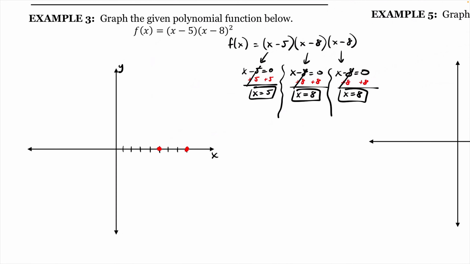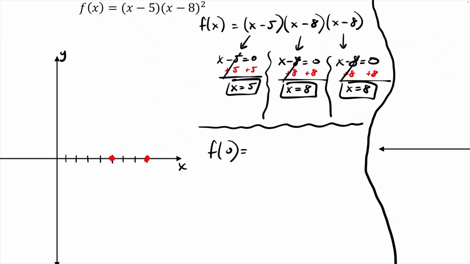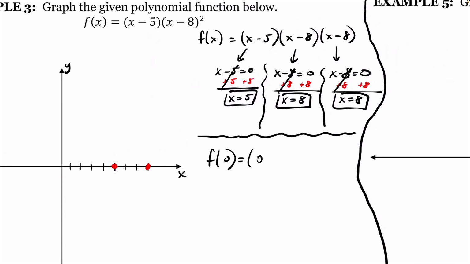Next thing I'm going to do, I need to find the y-intercept. Okay, plug in 0. For the y-intercept, we plug in 0 every time I have an x. So it's going to be 0 minus 5, 0 minus 8 squared.